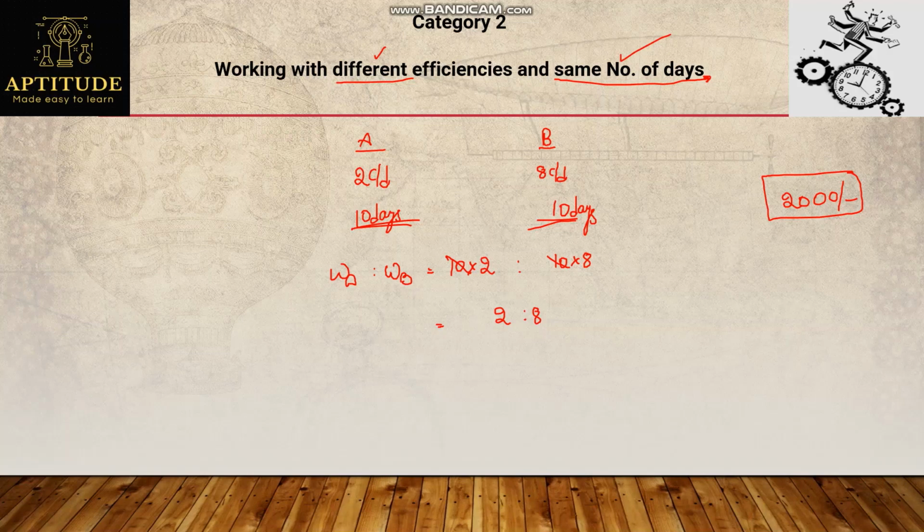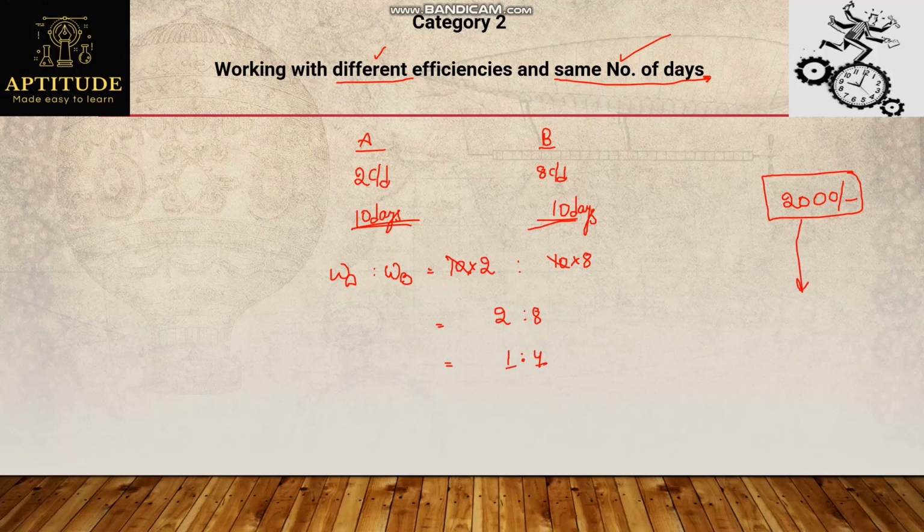And according to this efficiency ratio, salaries will be divided. 2:8 simplified is 1:4. In the 1:4 ratio, 2000 rupees will be divided, which means one part will be for A and 4 parts for B out of this 2000. So how to divide this now? Total how many parts are there? 1 plus 4, 5 parts.